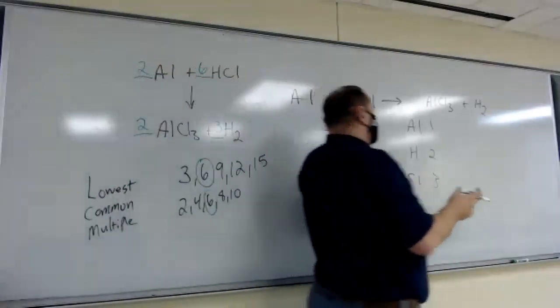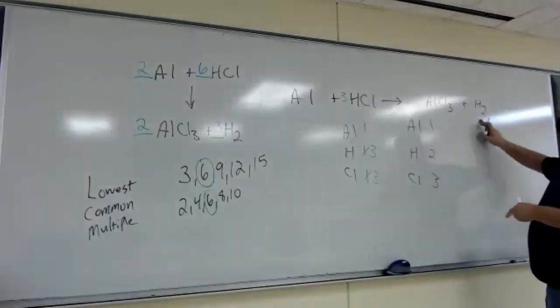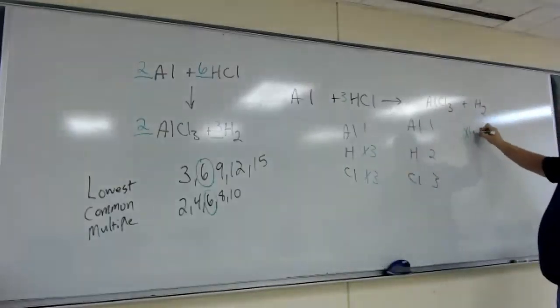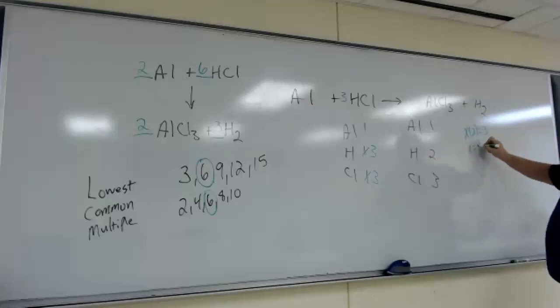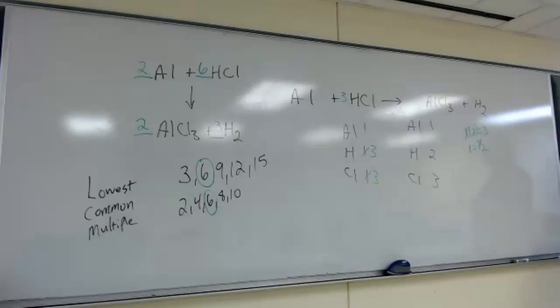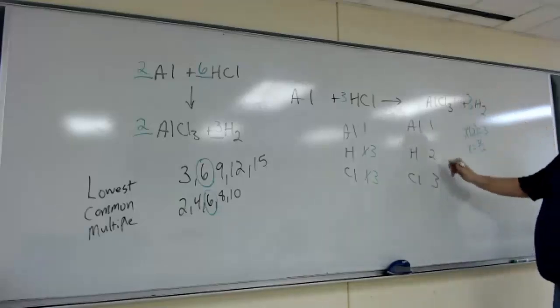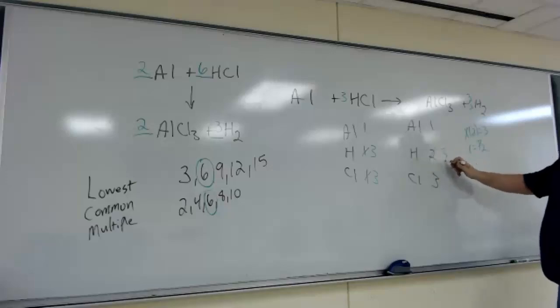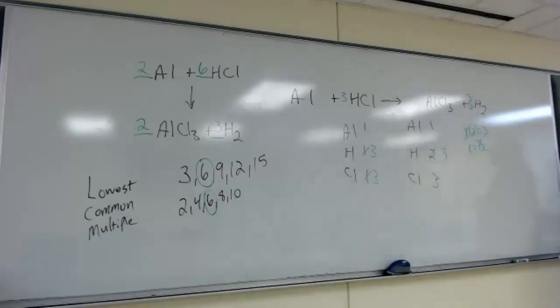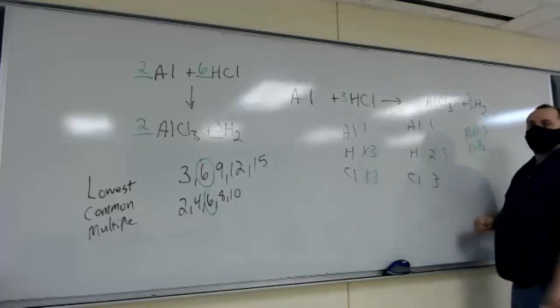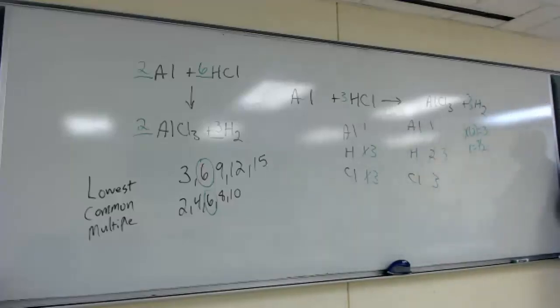Then I need a number over here so that when I multiply it by 2, I get 3. So I'll use 3/2. This gets me my ratio, but what's the problem with it? How do I know it's my ratio? These numbers are the same. What's the problem with my ratio?